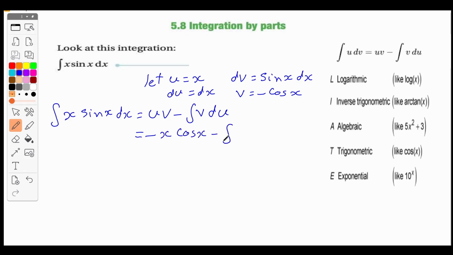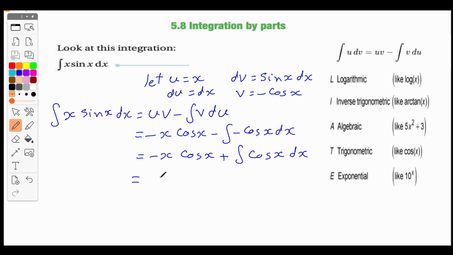Minus the integral of v du. V is negative cosine x and the du is dx. So we write here negative cosine x, which is v, times du, which is dx. Negative times negative will be positive, so it's plus the integral of cosine x dx.